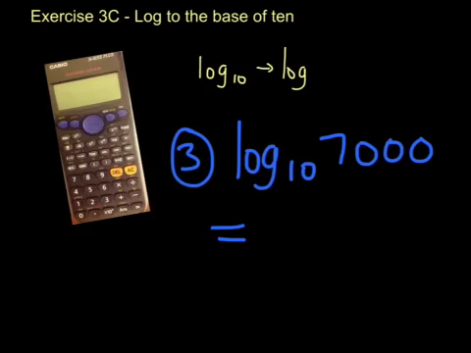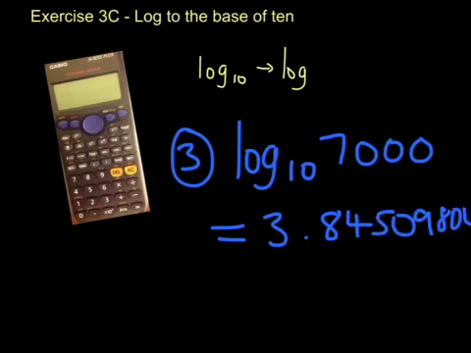I just paused there to use my calculator. The answer is 3.8450984. We round that to 3 significant figures, so the answer would be 3.85. It's dead simple. Exercise 3C is literally just plugging things into your calculator and rounding them. Okay, so there you go. Off you go.